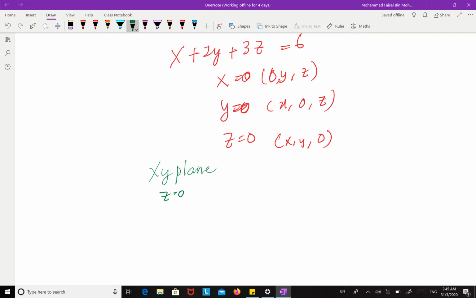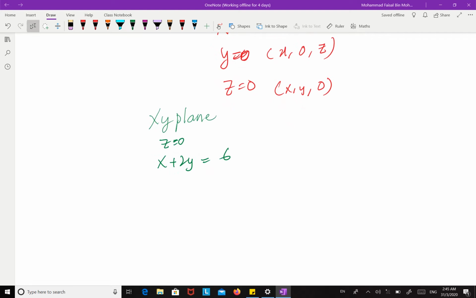So z equals 0 means x plus 2y equals 6. From here I can draw a line in y and x: when x is 0, y is 3, and when y is 0, x is 6.